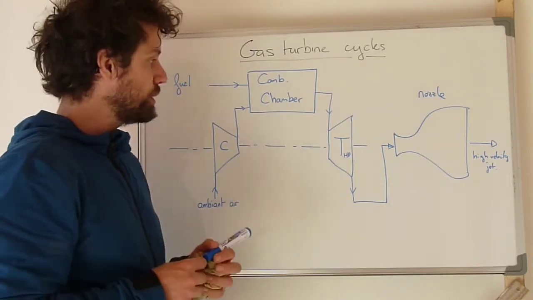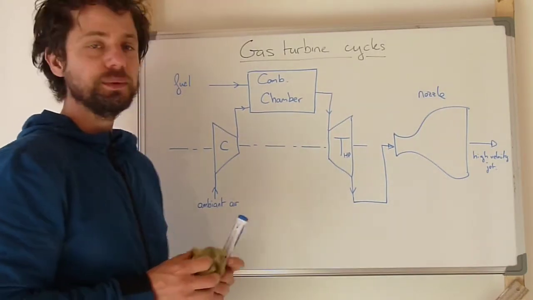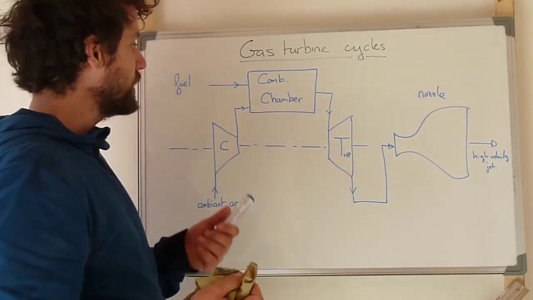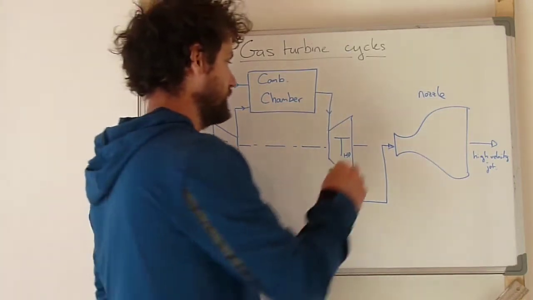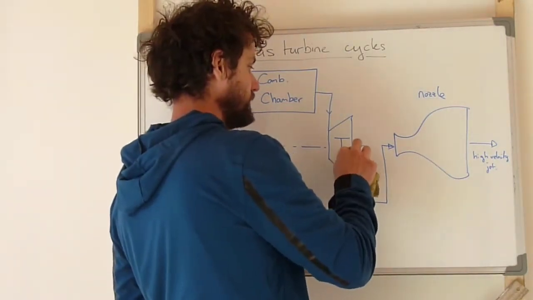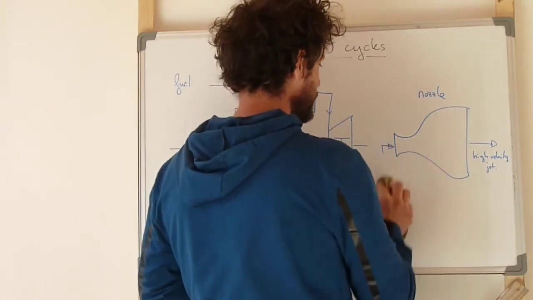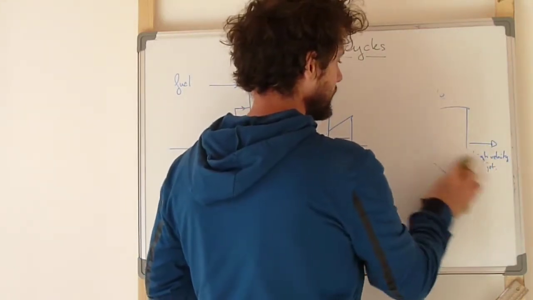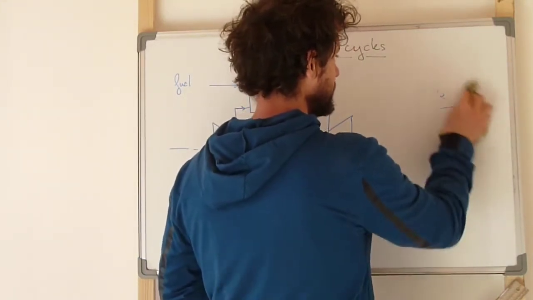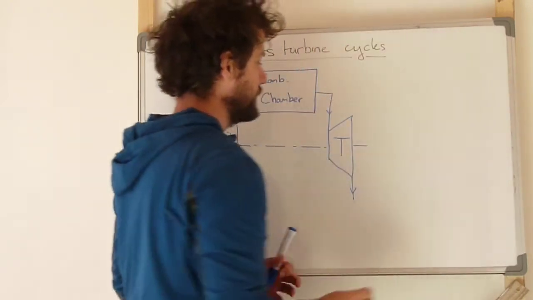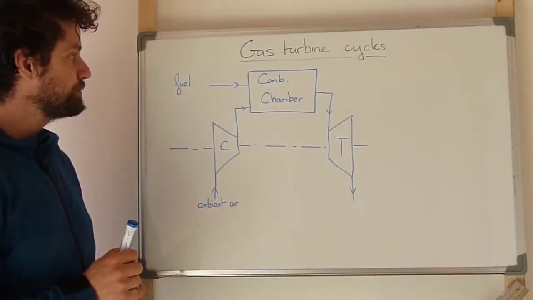So now let's go back to what we had initially, with one single stage of expansion, so one single turbine with a full expansion, and let's look at other possibilities we may have for the gas turbine cycle.